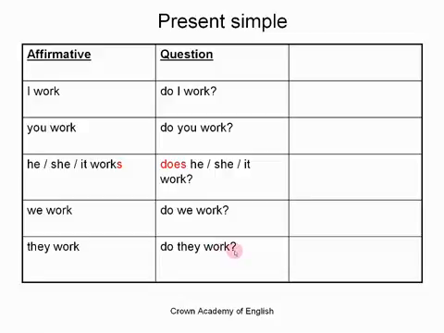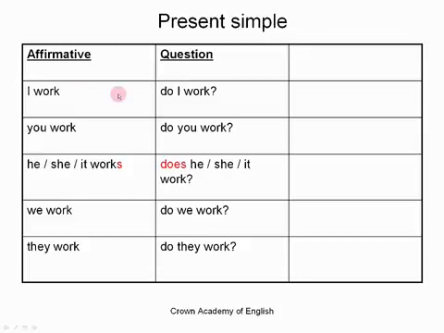So let's have a look at how this one works. So to make it a question, to make the present simple a question, we simply add the word do to the beginning of the sentence. So if we compare this one to the I work, how do we make it a question?